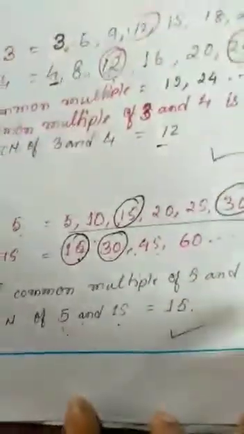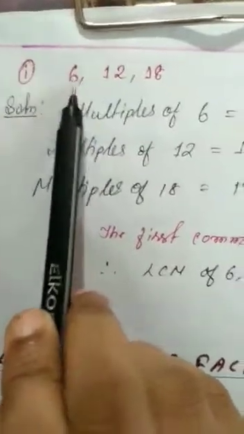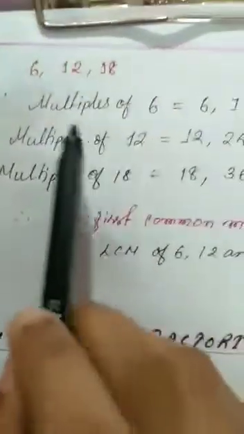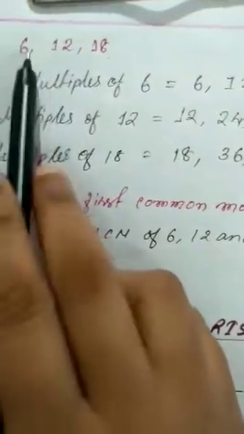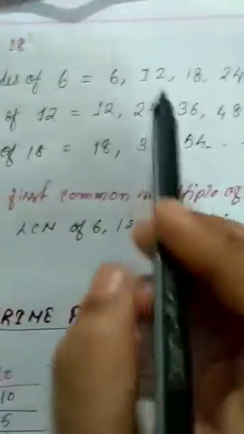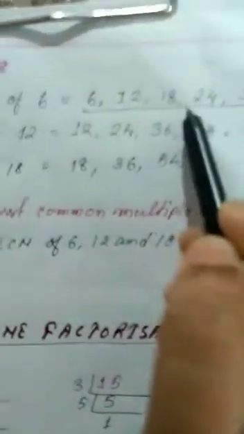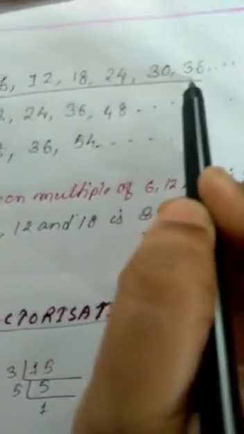Okay, students, next I have taken question number 1, part 3, where three numbers are given: 6, 12, 18. At first we have to find the multiples of the numbers. First of all I have written the multiples of 6, listed here. 6 times 1 is 6, 6 times 2 is 12, 6 times 3 is 18, 6 times 4 is 24, 6 times 5 is 30, then 6 times 6 is 36.